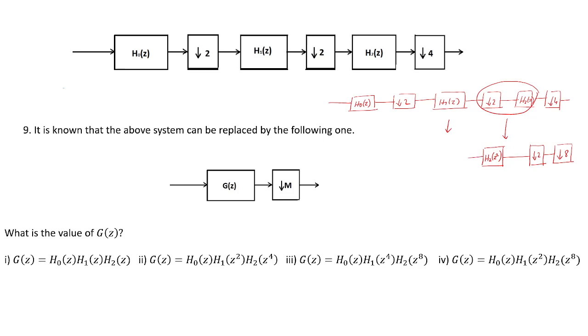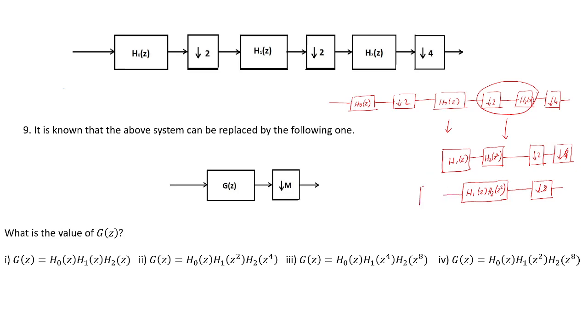Now these two filters are placed back to back. We can write their combined transfer function as this: H1 Z H2 Z square. Here both the downsampler blocks 4 and 2 combine to a single downsampler block of 8.